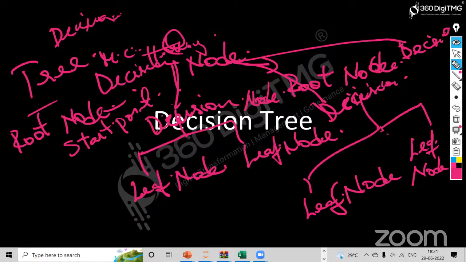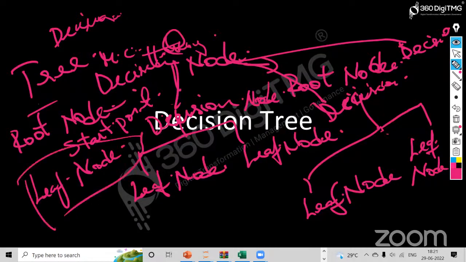And then you also have the leaf node. Leaf node, you can say, is the output.